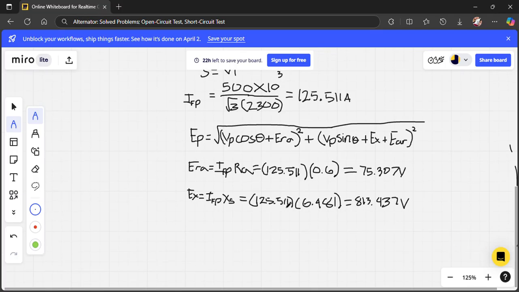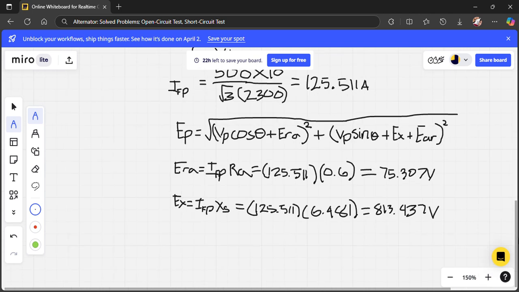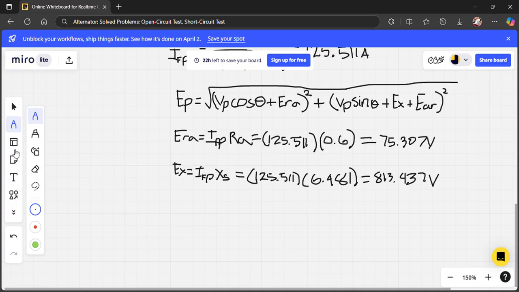Since we already have all the given values, we can simply put them in to get EP and then solve for the voltage regulation.